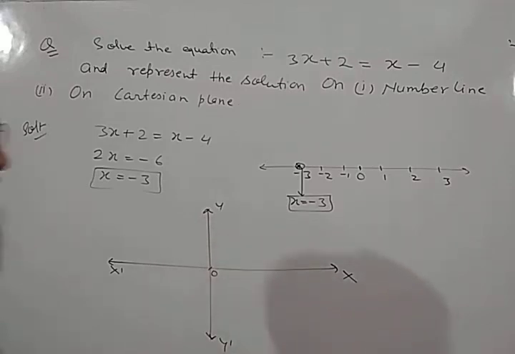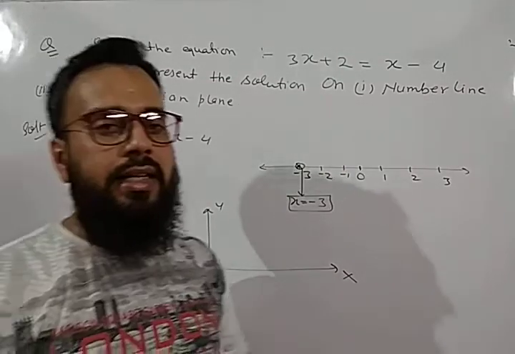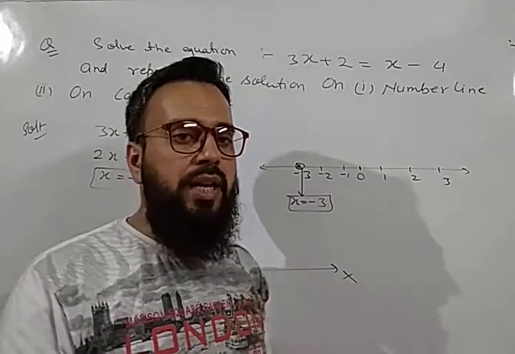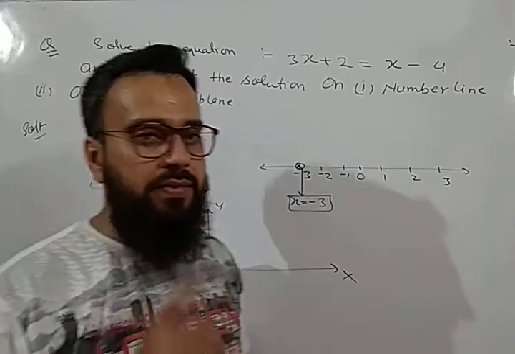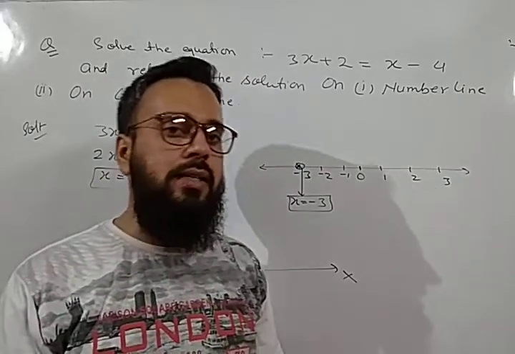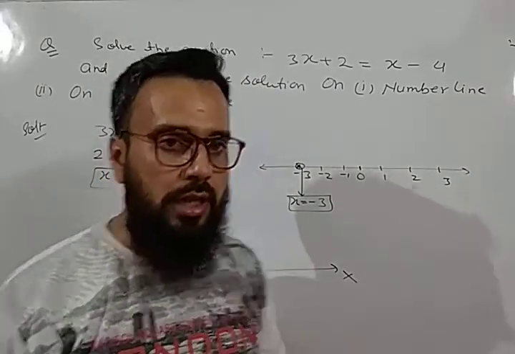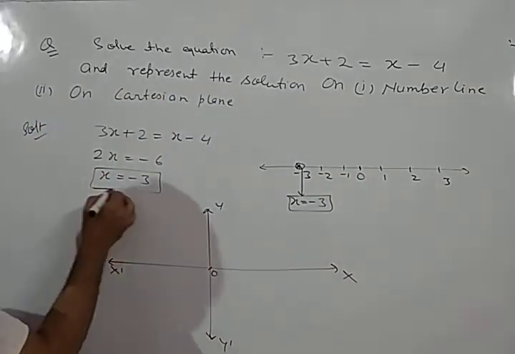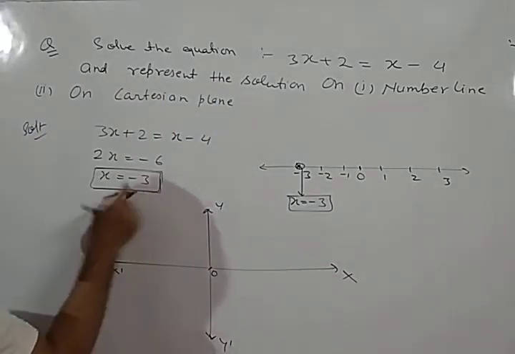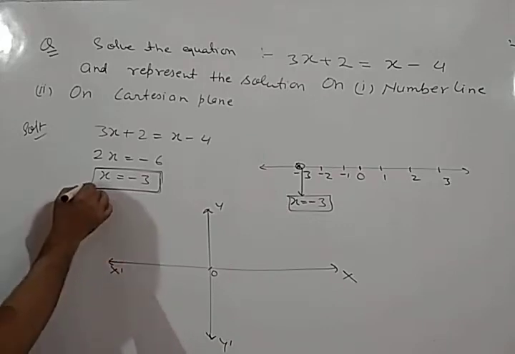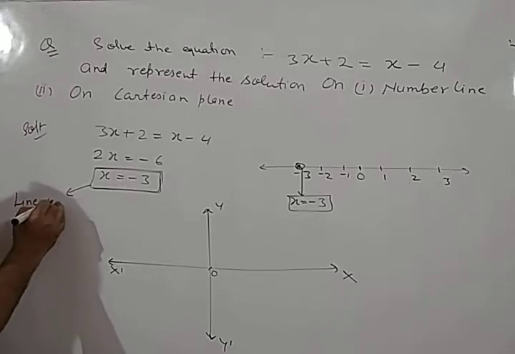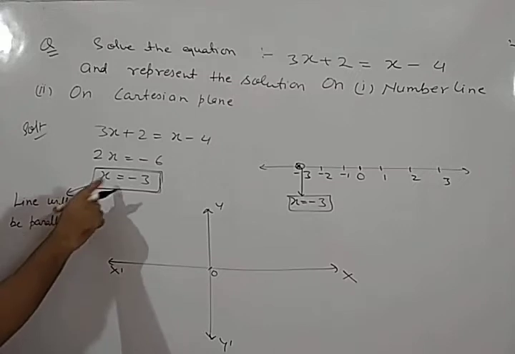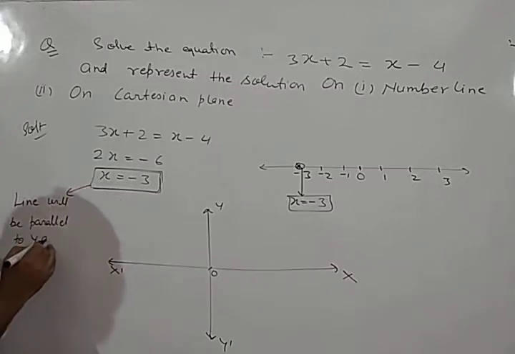We all studied just before this question that the equation of a line which is parallel to x-axis is given by y = constant, and the equation of a line which is parallel to y-axis is given by x = constant. Now you can see here the equation is x = constant, and -3 is a constant number. It means this equation will represent a line parallel to y-axis.